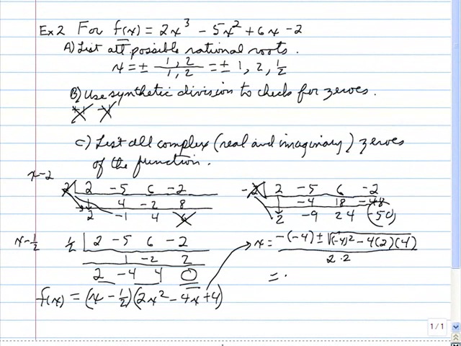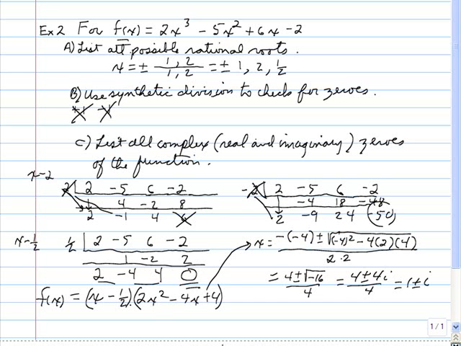So this is going to be 4 plus or minus the square root of 16 minus 32. So that's negative 16 all over 4, which is going to be 4 plus or minus 4i over 4, which is going to be 1 plus or minus i.